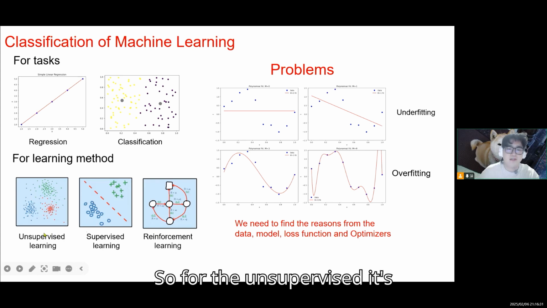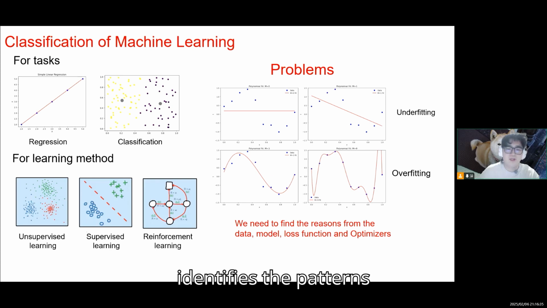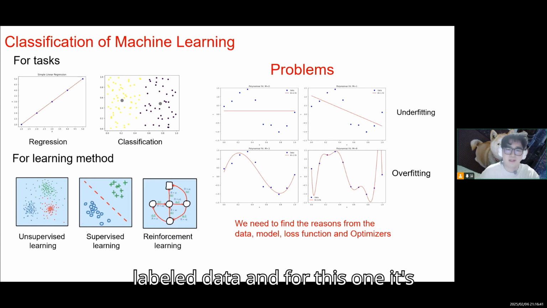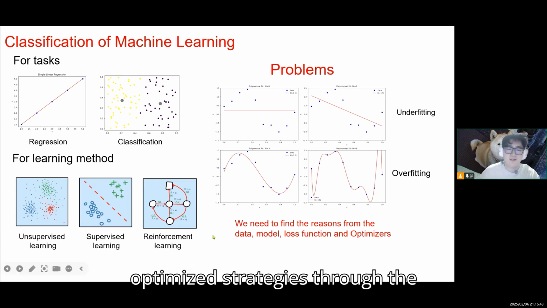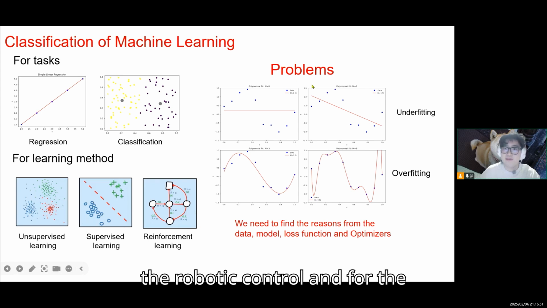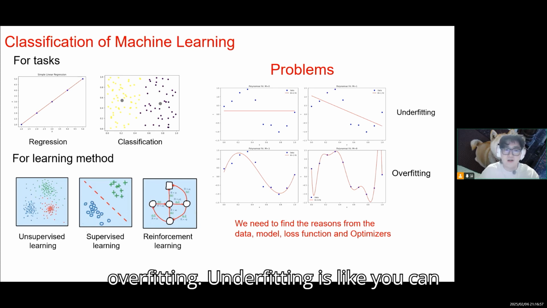So unsupervised learning uses unlabeled data, where the model identifies the patterns, and supervised learning is trained on labeled data. And reinforcement learning optimizes strategies through rewards, such as in robotic control. And for the problems, we may encounter underfitting and overfitting.